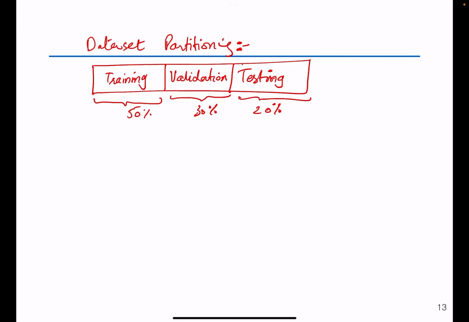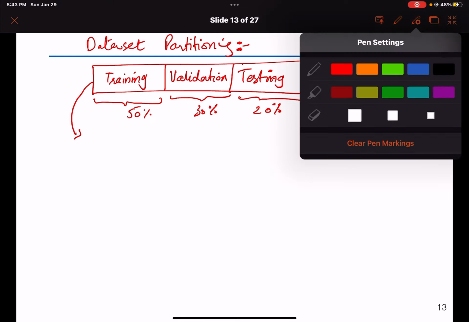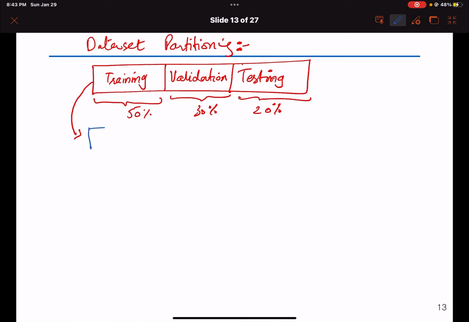Your training data is further split into batches. What are batches? Basically, one batch contains 64 data samples.